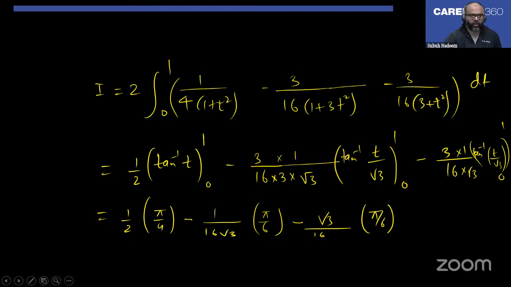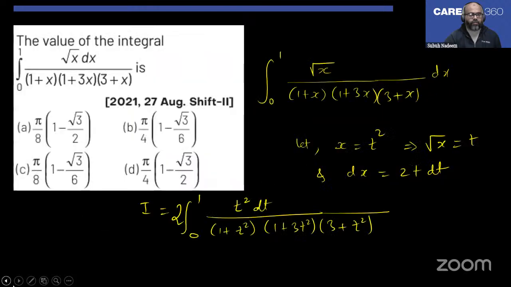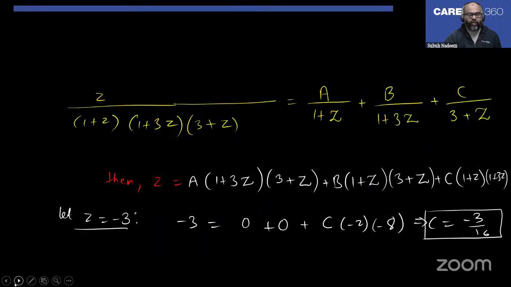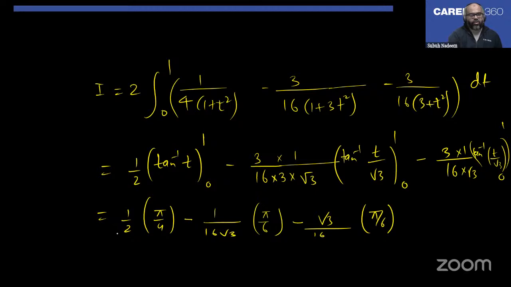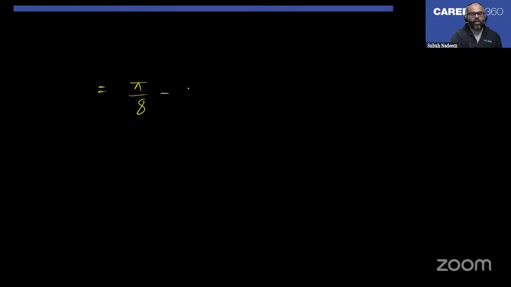So let us see what were the options. Okay, like this it is given. Fine. So this will become equal to pi by 8, and minus pi by 6 is common in both of them, and 1 by 16 also.